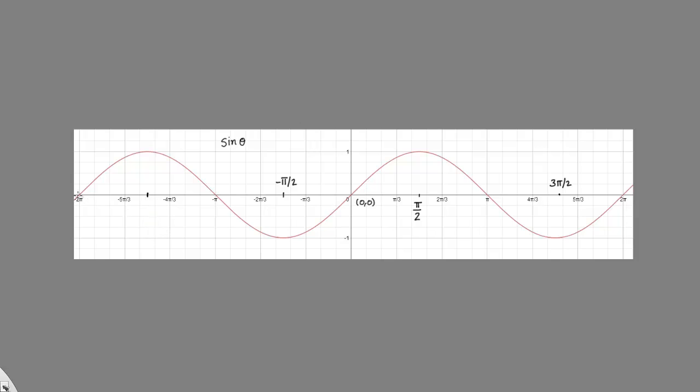And at minus 2 pi it becomes 0 again. So this is minus 3 pi by 2. So you can notice the symmetry. So this is the graph of sine theta.